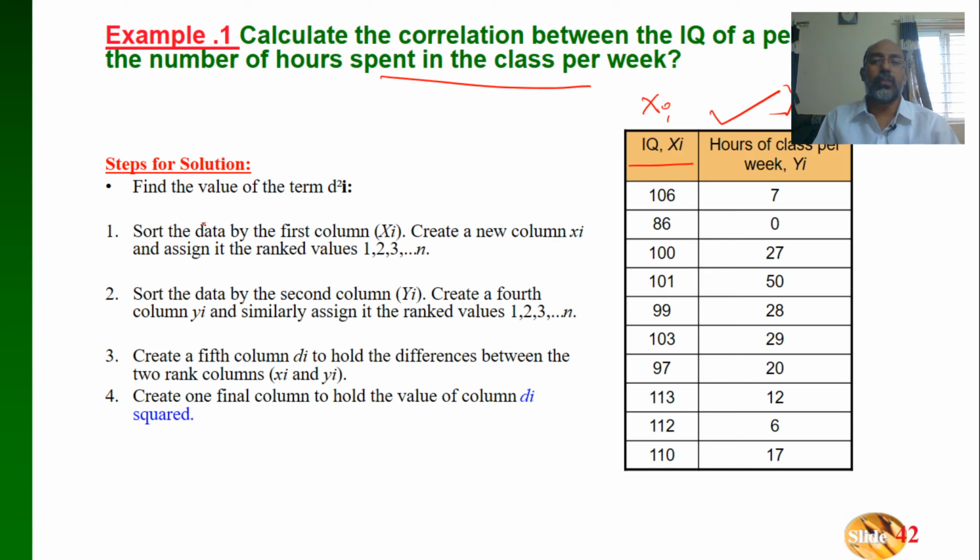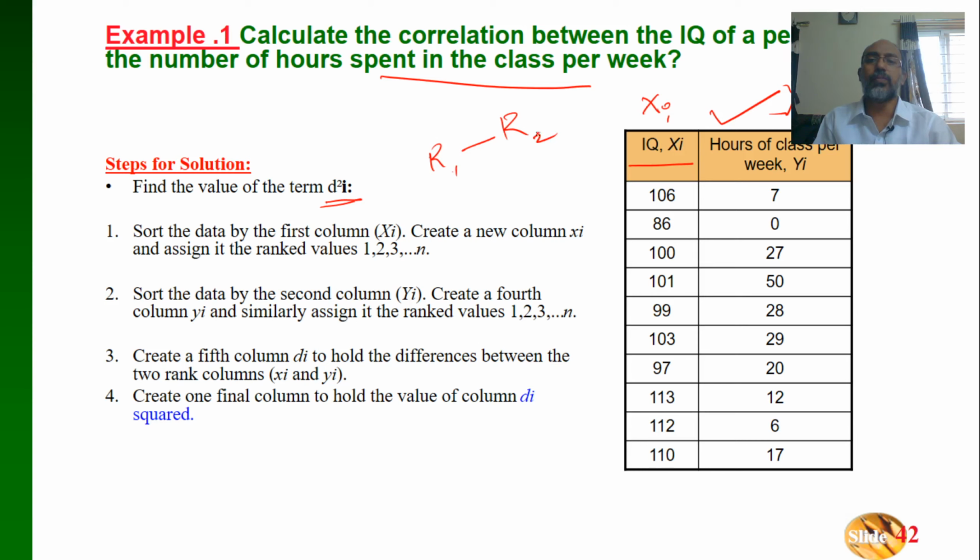How to do the calculation? First we have to sort the data. We need d square. What is d square? d is the difference between the ranks, R1 minus R2, that is rank of x minus rank of y.